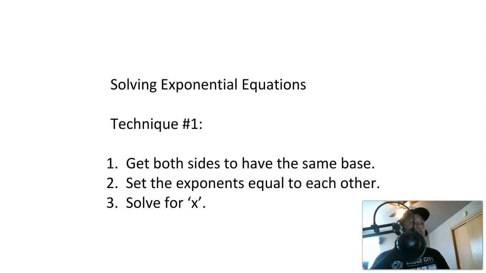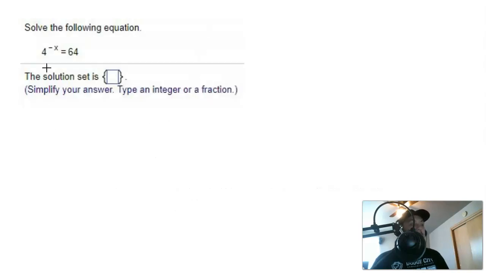All right, so let's apply this technique to some problems here. So we have: solve the following equation. 4 to the negative x power equals 64. The first step is to rewrite both sides of the equation as exponents with the same base. So let me just rewrite the problem here instead of marking up the original problem. So here's our problem again.